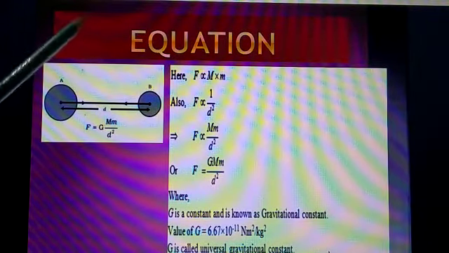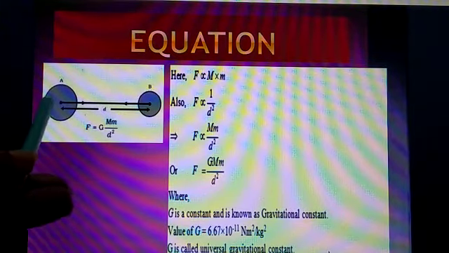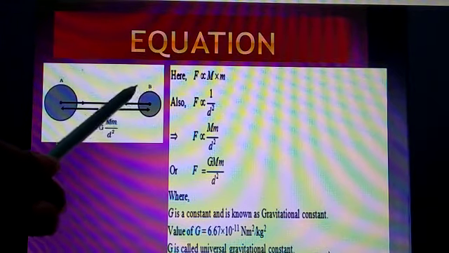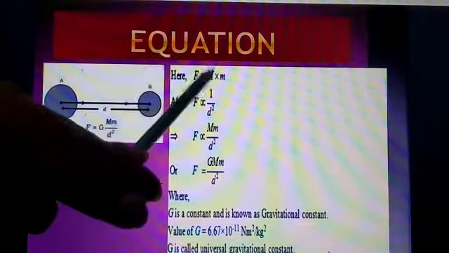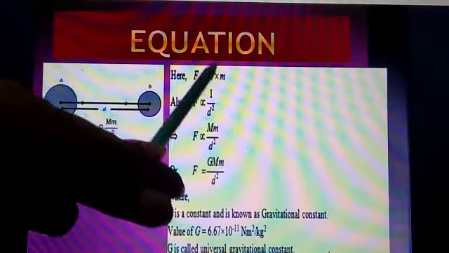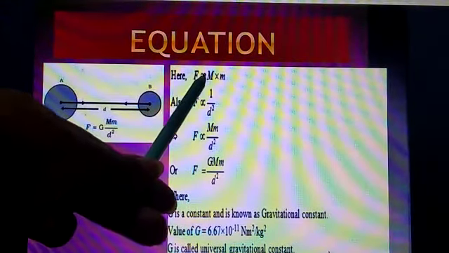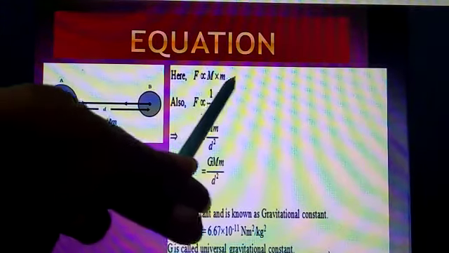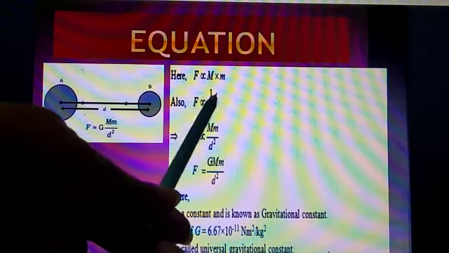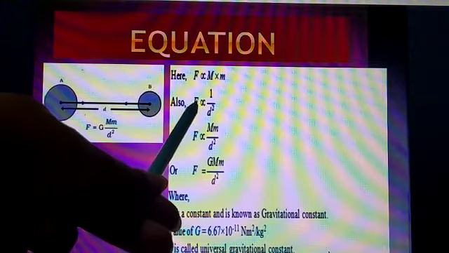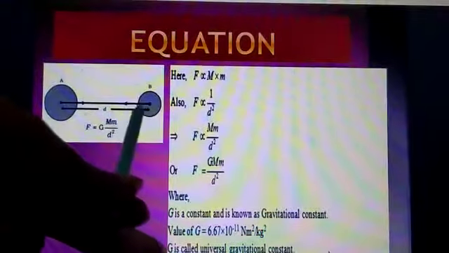universal law of gravitation. So consider two objects, object A and B. Object A has a higher mass and object B has less mass compared with A. So the mass of object A is capital M, and the mass of object B is small letter m. According to the universal law of gravitation, force is directly proportional to the product of their masses, that is M into m. And it is inversely proportional to the square of the distance between them, that is F proportional to 1 upon d square, where d is the distance between the objects.